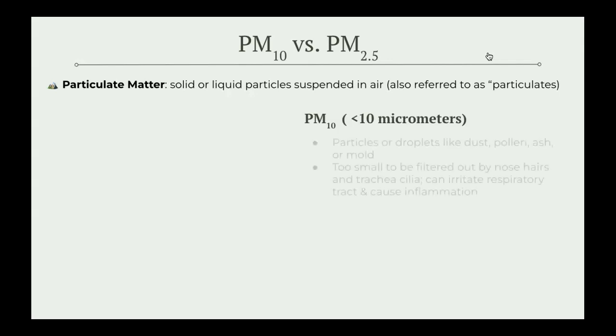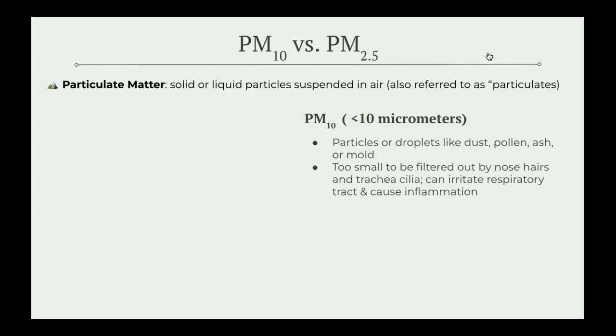We consider PM10, and these are particles or droplets, dust, ash, mold, pollen are natural sources of particulate matter. They're small enough that they're not going to be filtered out by the hairs in your nose or by the cilia in your trachea. And so they're going to get down into your lungs, and they can cause inflammation.